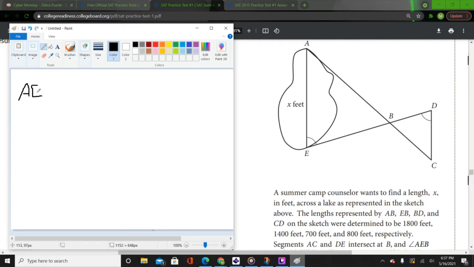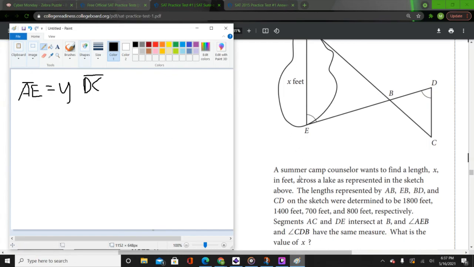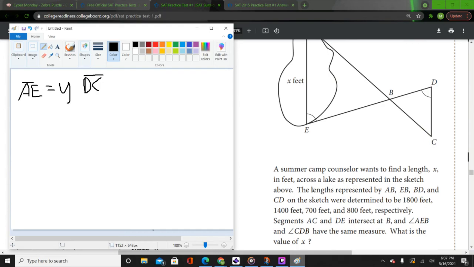So the line AE is equal to some value, which we'll call y, times DC, because they're similar triangles, as we stated earlier. So we know what DC is, right? CD is 800, so y times 800.